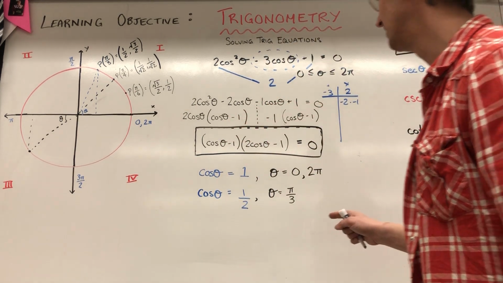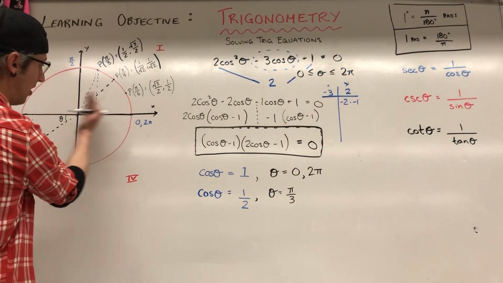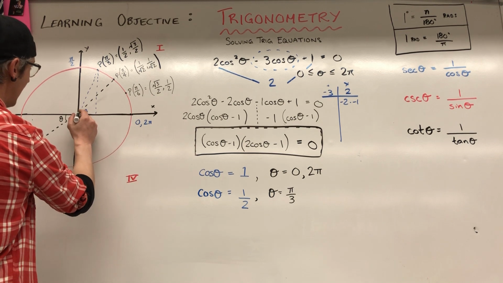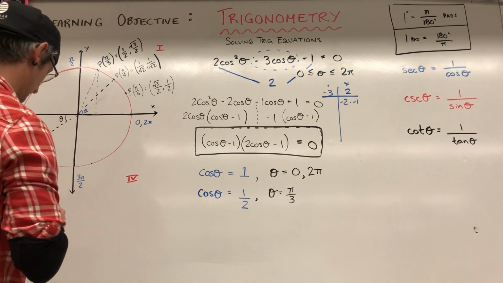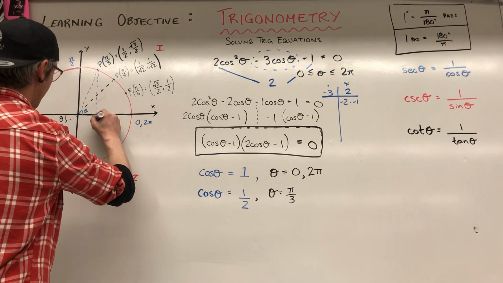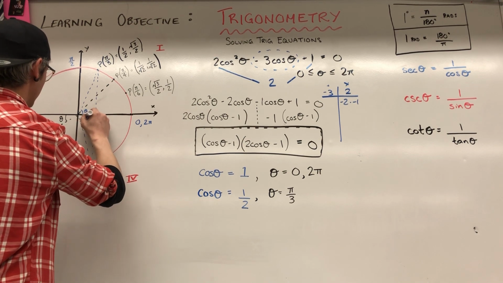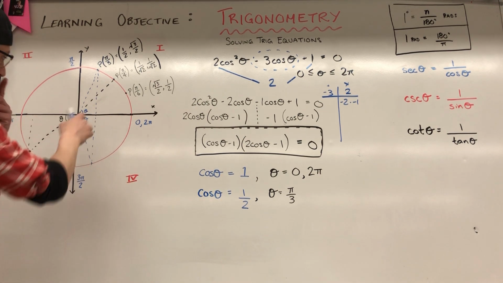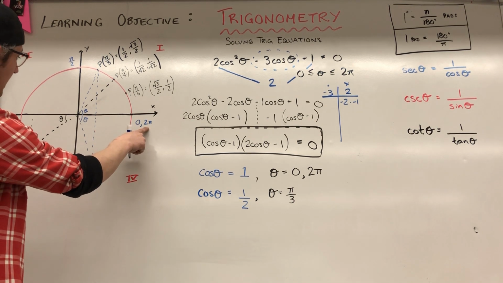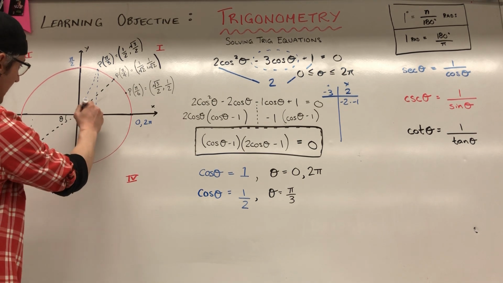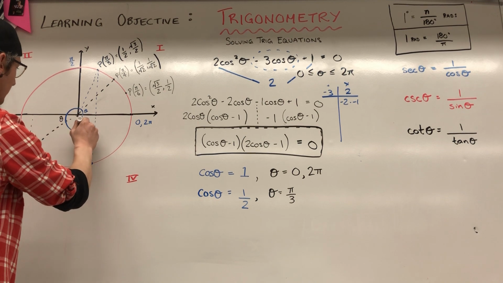And then where else am I going to get a positive 1/2? Well, it's going to happen in my positive x side, down here as well. So when my theta here is pi over 3 as a reference angle, basically I have to take 2 pi and subtract my reference angle to get my angle over here.